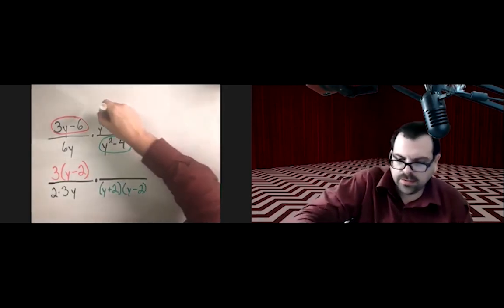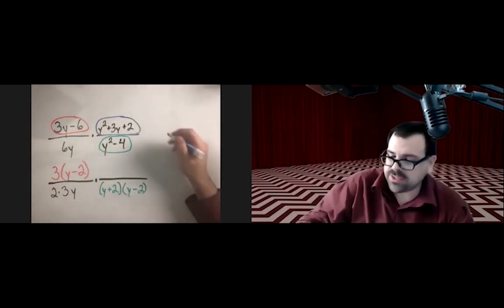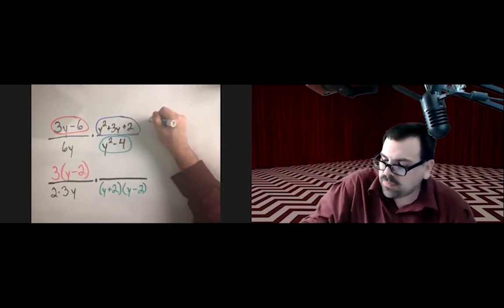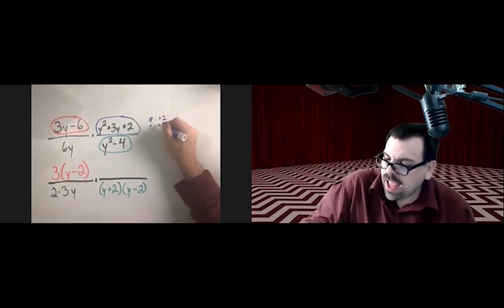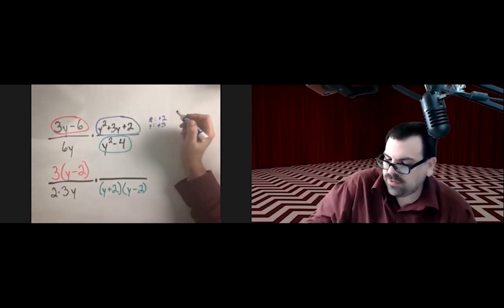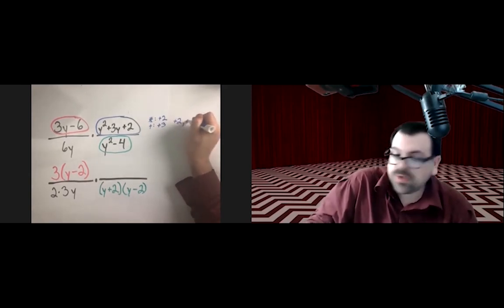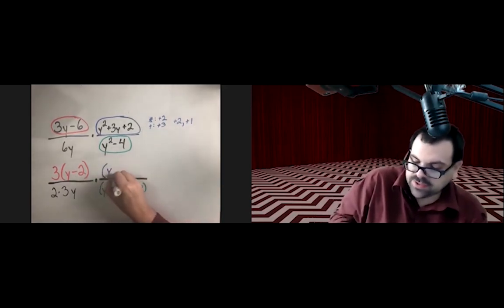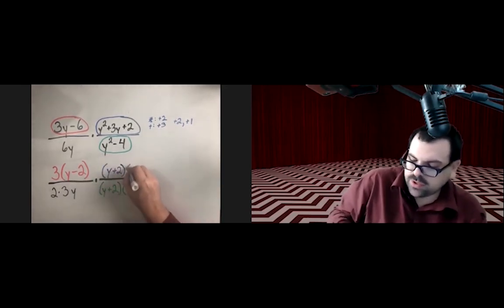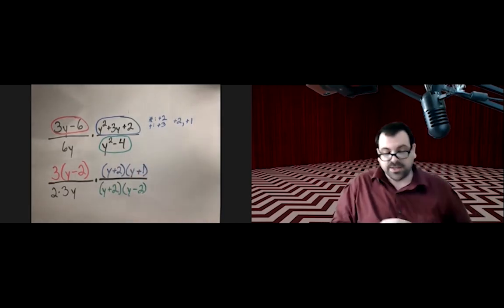And here, the y squared plus 3y plus 2. We need numbers that multiply to positive 2, add to positive 3. Those numbers are plus 2, plus 1. So this factors as y plus 2 times y plus 1.